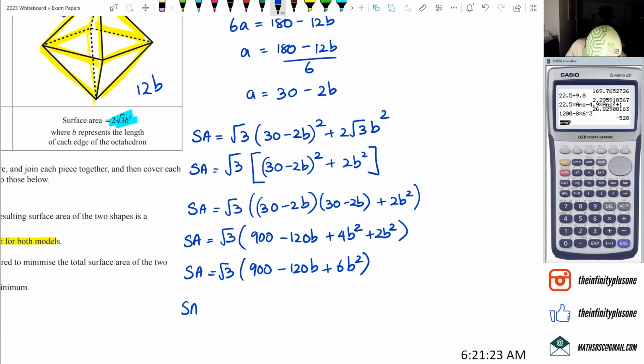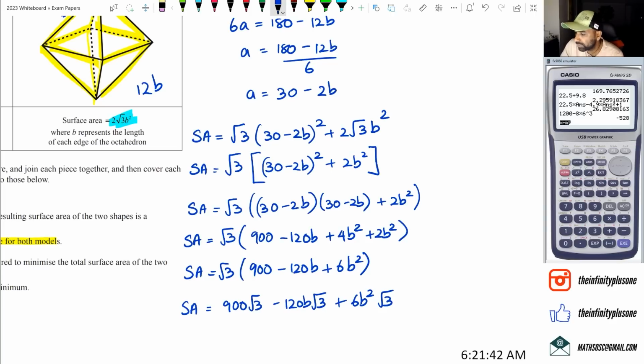Now I'm going to expand the square root of 3. So I've got 900 times square root of 3 minus 120b square root of 3 plus 6b squared square root of 3. So this is my surface area equation.